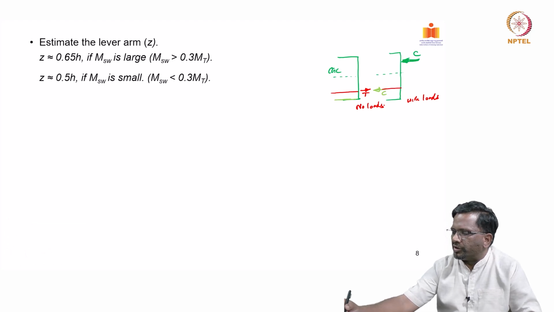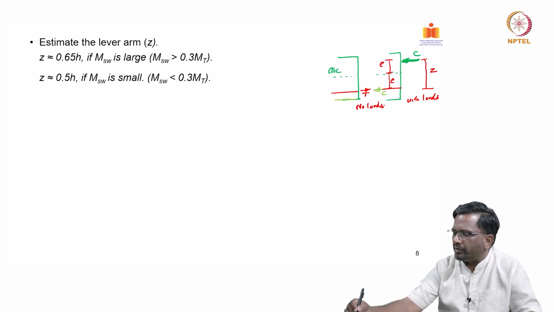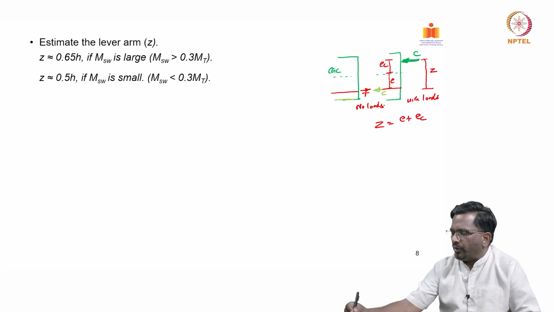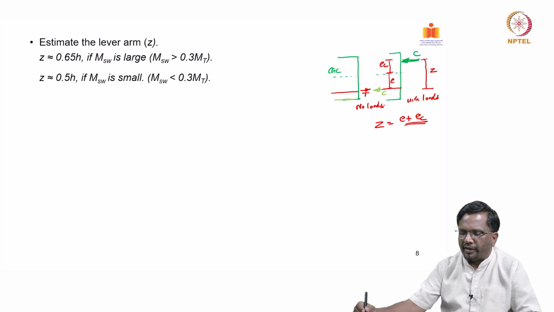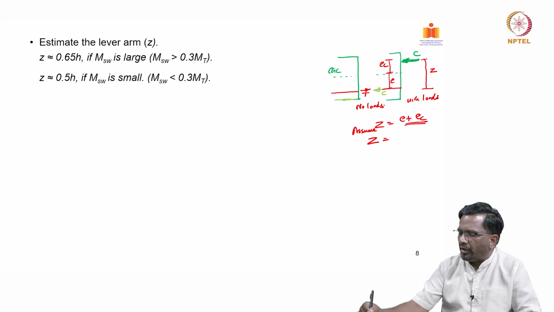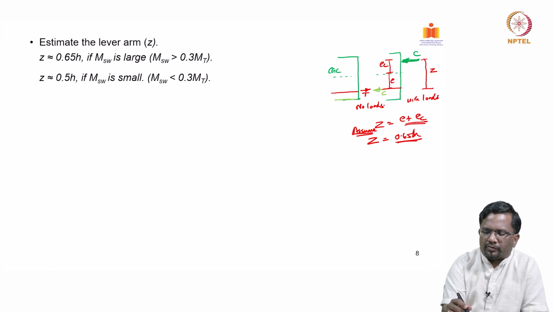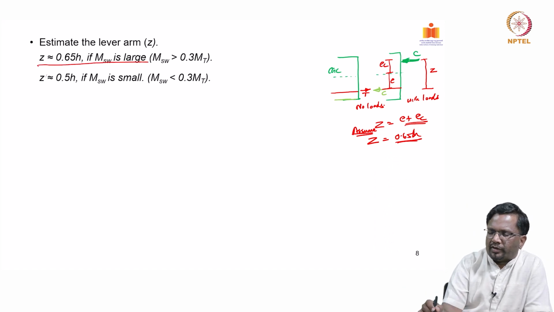So how much distance that the C has moved, this is what we say as Ez, which is nothing but your eccentricity plus ec. So Ez is always equal to e plus ec. We don't know this, so we are saying that we are going to assume some lever arm, Ez equal to 0.65 h, approximately if self weight is large.